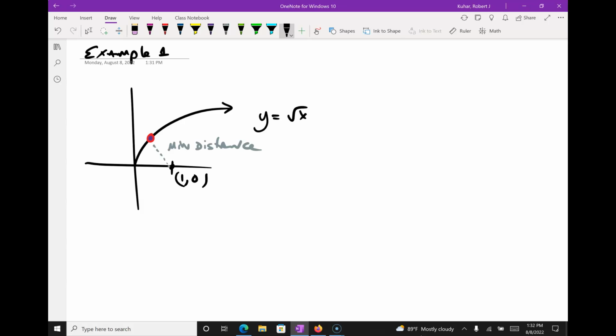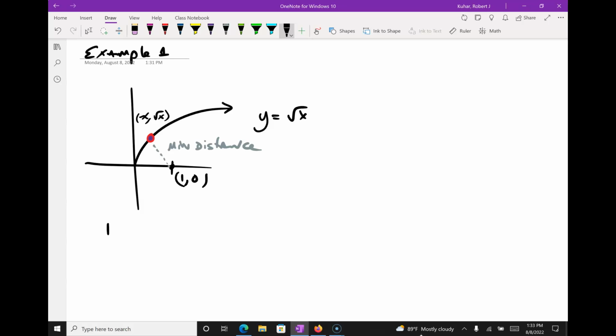Yes, x, y, or better yet, x, square root of x, because that's when we're using that equation to put everything in terms of x. So it's unknown, so definitely the x is an x coordinate. The y is a y coordinate, but we know y is the square root of x, so we're trying to get something all in x's, right?